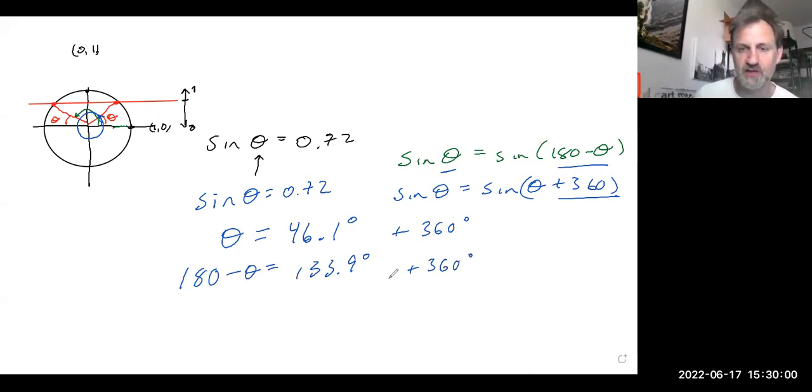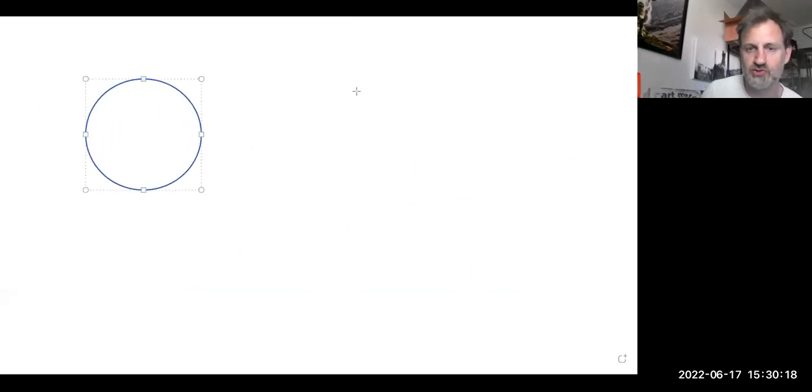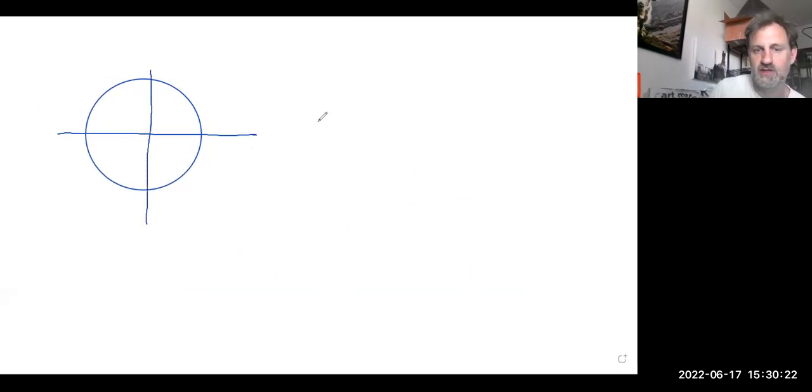Now, typically, as we gravitate towards solving equations, we'll think about theta not in terms of degrees, but in terms of radians. So let me do another example with cosine, and this time we'll talk about it in terms of radians. So make sure you switch your calculator over to radian mode. And let's say cosine theta equals negative 0.6.